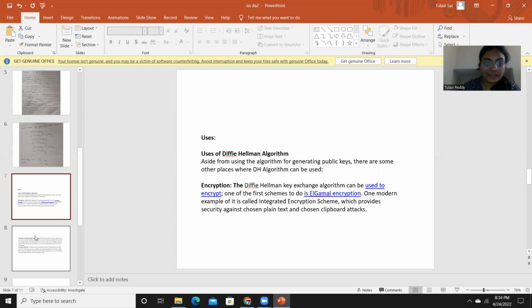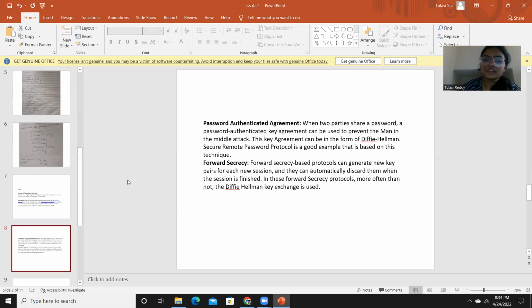chosen ciphertext attacks. So next is the password authenticated key agreement. Here, when two parties share a password, a password authenticated key agreement can be used to prevent the man in the middle attack. This key agreement can be in the form of Diffie-Hellman; the secure remote password protocol is a good example that is based on this technique.